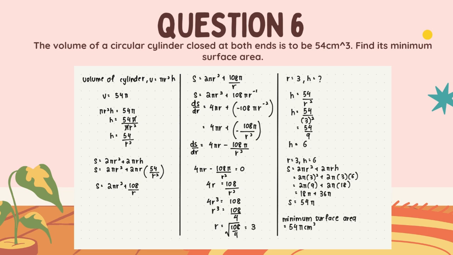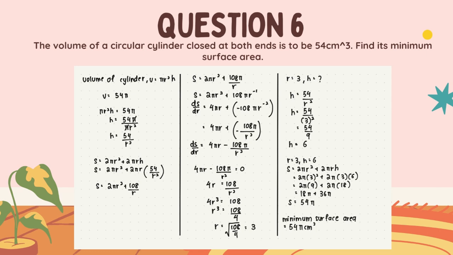As we all know, the volume of a cylinder is V = πr²h. Then we equate it with the volume given in the question, so πr²h = 54π, and h = 54π over πr². The π at the top and the bottom can be cancelled out, and we get h = 54/r².